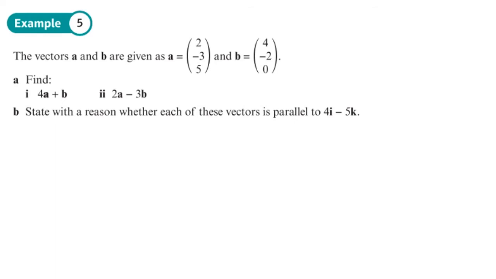Now, just like we did in 2D with vectors, we can do multiples of them, add them together, and they're often easier to do when they're written as a column vector.